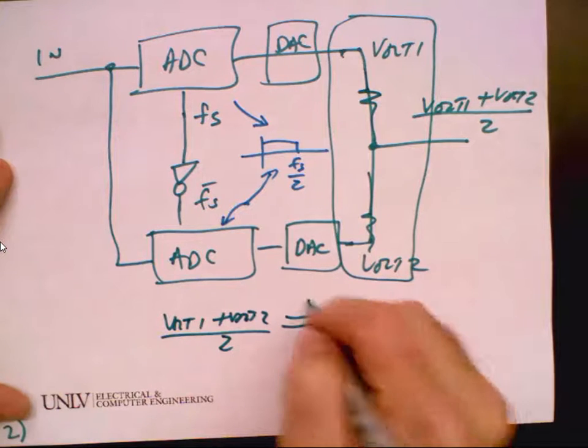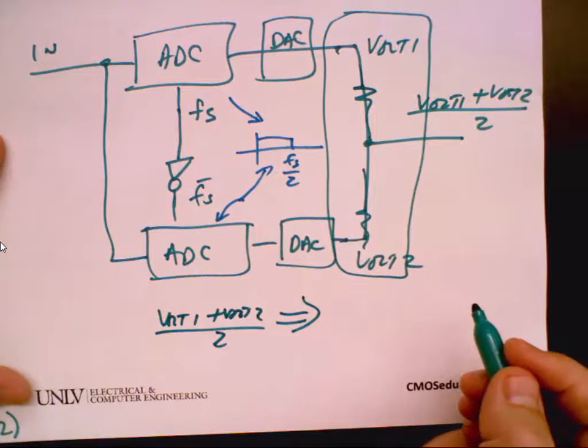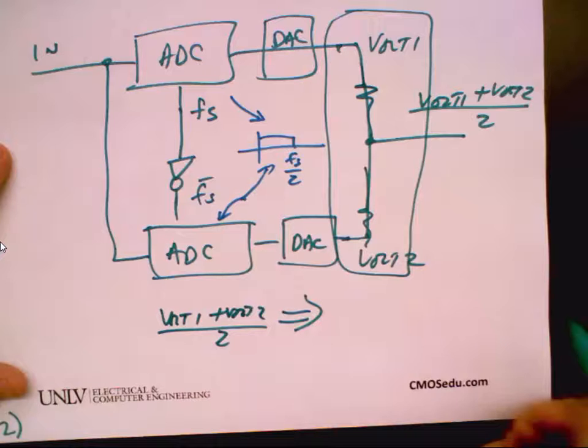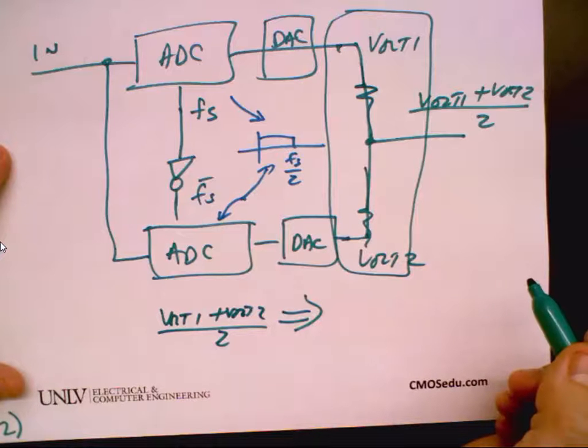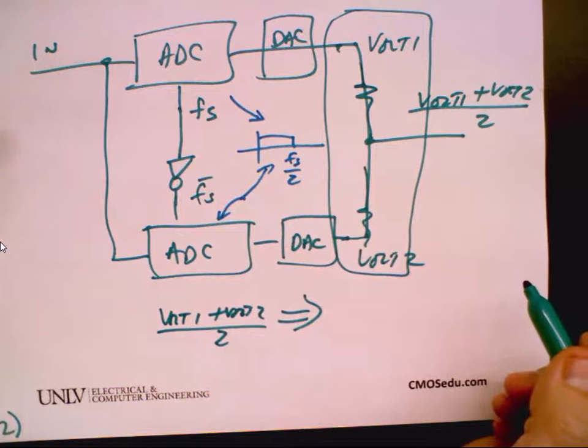But in the Z domain, how do I write that? How do I write this equivalent operation if I were to do it in the Z domain before I go back to analog? This should be trivial at this point. How do I write the Z domain equation for an averager?